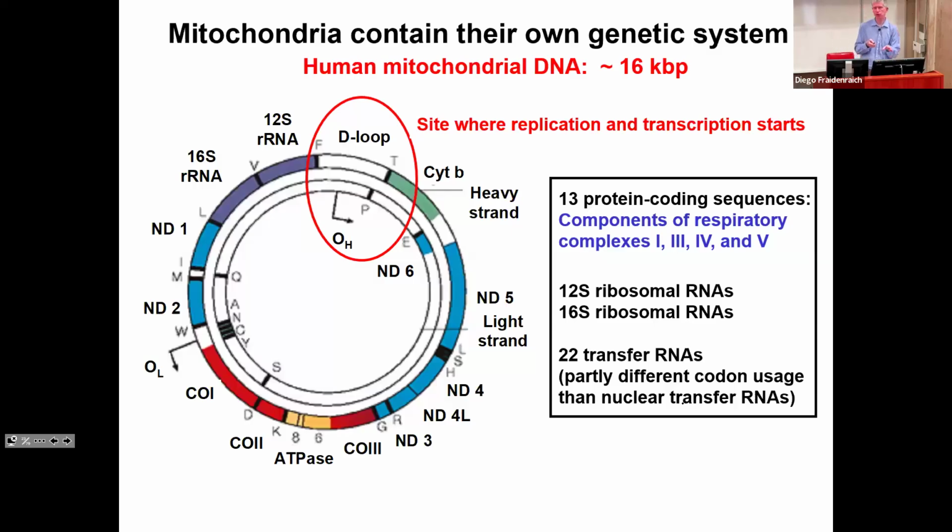So some of these codons may differ compared to what you would see for the nuclear genes. Just to mention there is this difference. Okay, so you want to memorize what mitochondrial DNA contains: a couple of proteins of the respiration cycle, ribosomal RNAs, tRNAs.